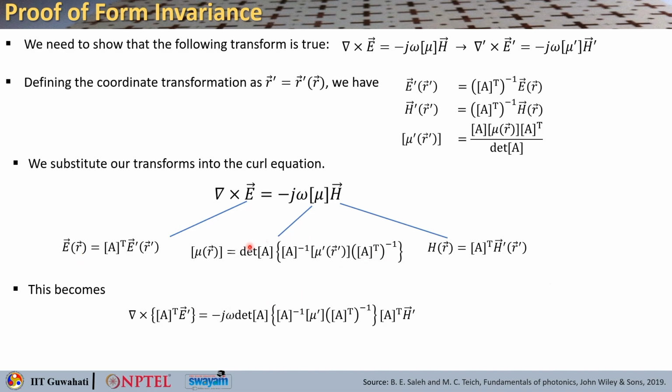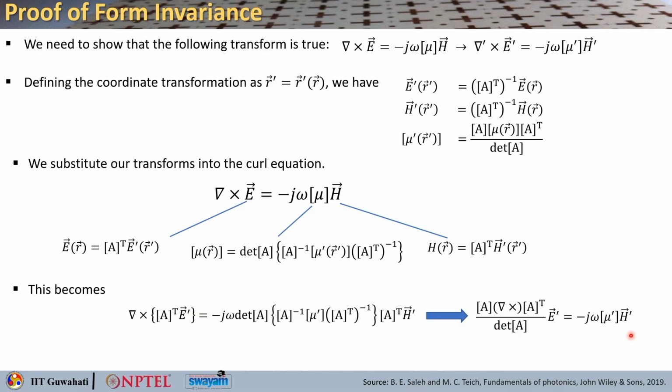So, this is basically now becoming as if you are doing the curl of A transpose E prime, and it is giving you minus j omega determinant of A inverse mu prime A transpose inverse times A transpose H prime. So, you can see that this is basically taking a form where you can divide it by determinant of A, and take this on the other side.